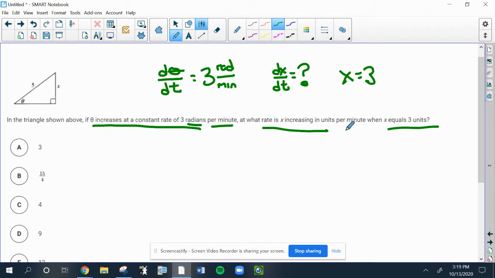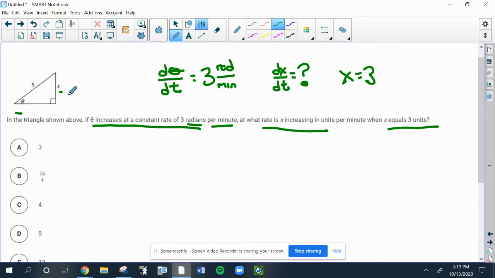Normally, when you see a right triangle like this, you're going to go right to Pythagorean theorem. That's not going to help because Pythagorean theorem has nothing to do with angles, only sides. We have to relate theta and x with some kind of relationship.